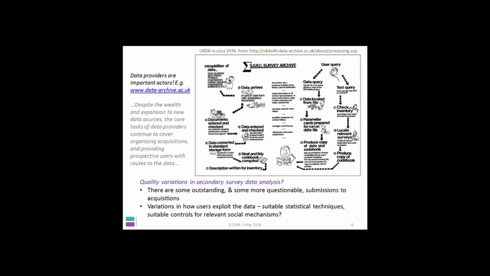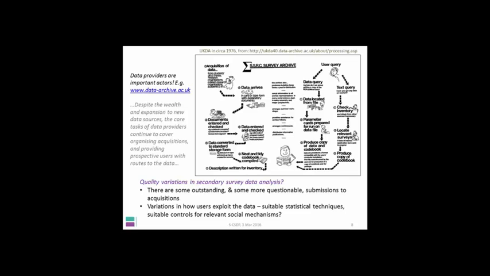Not everything about secondary survey data resources is of a high quality. There's quite some variations in the quality of data originally supplied to the archive and the quality with which it's curated and organised, often associated with the originator, the people that originally collected the data, rather than the people that archived it at something like the UK Data Archives.